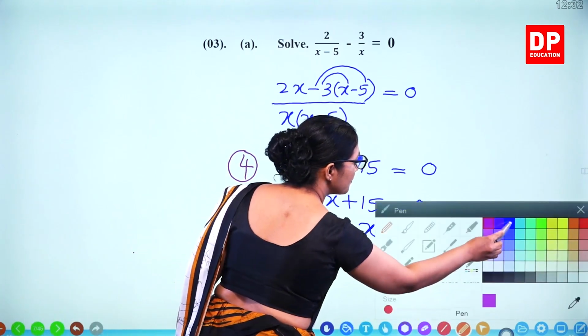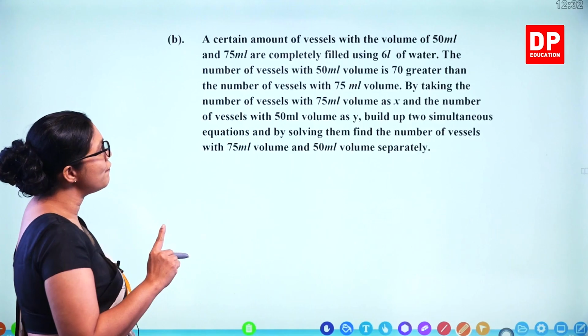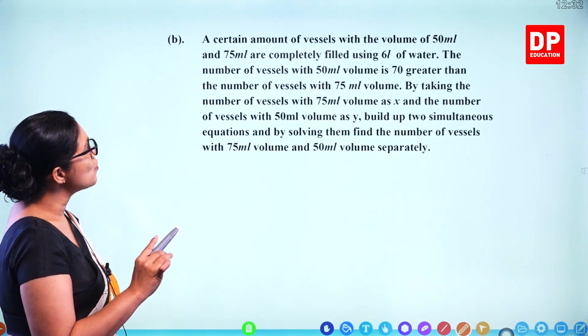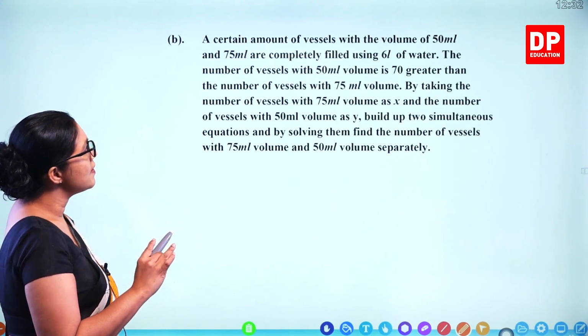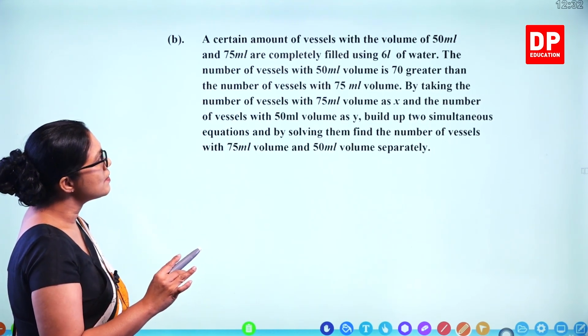Part B. It says a certain amount of vessels with the volume of 50 milliliters and 75 milliliters are completely filled using 6 liters of water. The number of vessels with 50 milliliter volume is 70 greater than the number of vessels with 75 milliliter volume.